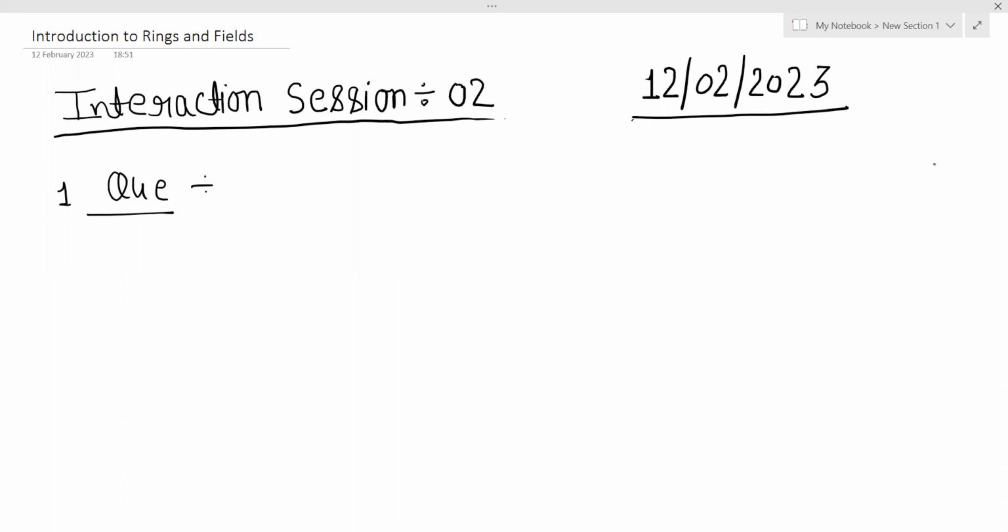The question is, determine true or false. So we have to determine whether the statement is true or false.